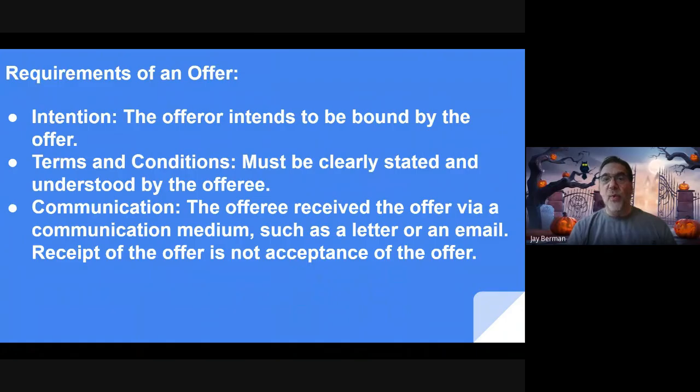So what are the requirements of an offer? There has to be intention. So the offerer intends to be bound by the offer that they're making. There need to be terms and conditions. And again, those terms and conditions must be clearly stated and understood by the offeree. And there has to be communication.